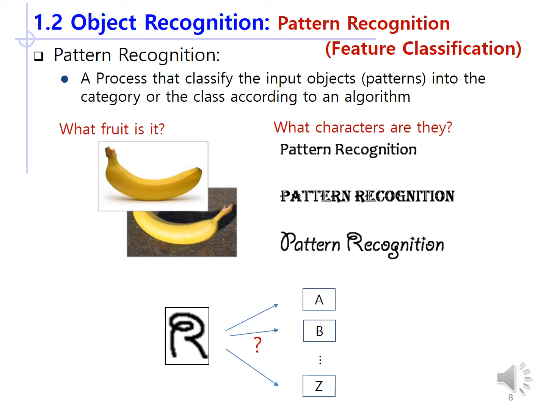Object recognition is the same as pattern recognition or feature classification, because the object is described by features which have the form of a pattern. Here is a banana. How can you recognize that the object is a banana?